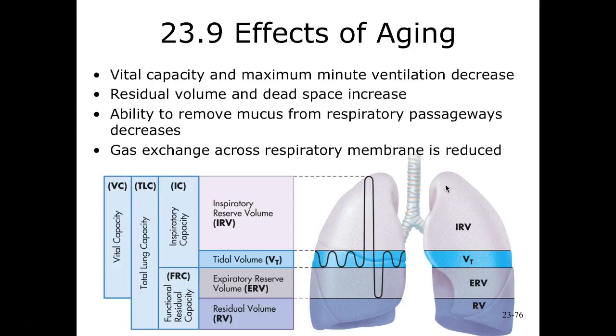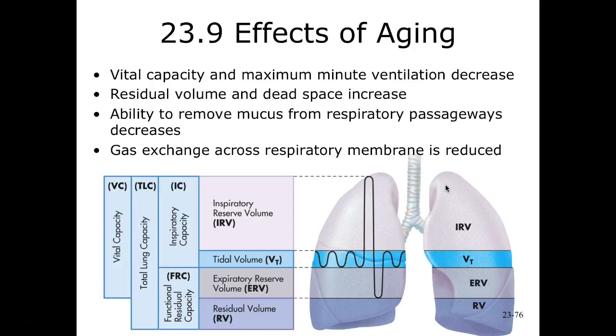And we have a decreased ability to remove mucus from our respiratory passageways, which is going to make it more difficult to breathe. And we have our alveolar ducts and a lot of our larger bronchioles that are going to increase their diameter. And what that does is increase our residual volume, that air that is still left within our lungs.